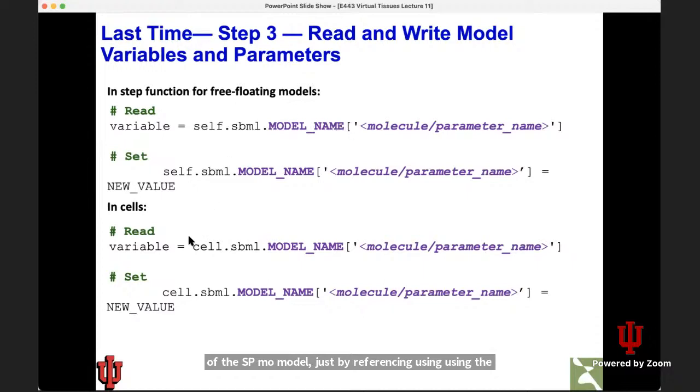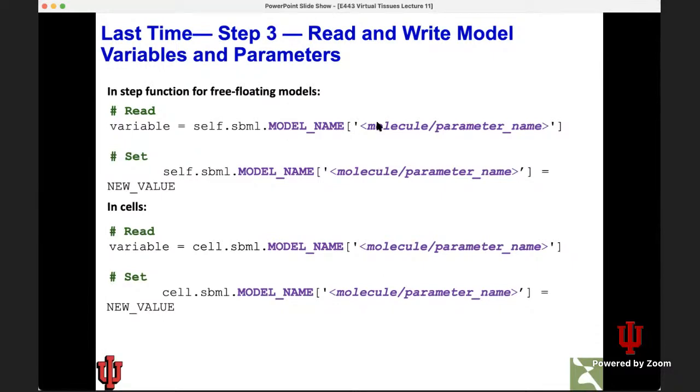In the case of a model that is inside a specific cell, we do so with the prefix cell. If it's a floating model, because it belongs to the whole simulation, we use the prefix self. But the idea is that we then call the model by the name, and then we specify inside of bracket parentheses what the name of the variable inside that model is that we want to retrieve or write.